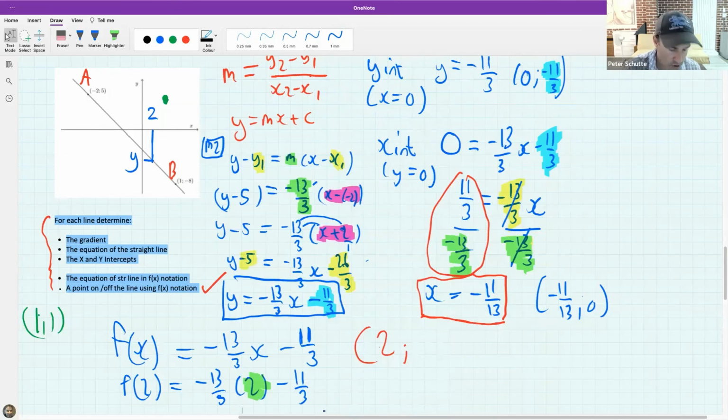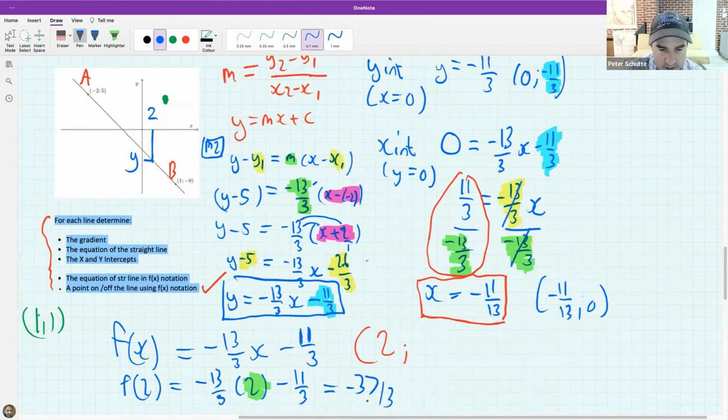And I'm just going to go minus 13 divided by 3, which was already there, times 2, minus 11 divided by 3. And in this particular case, this was a lovely example with lots of fractions.